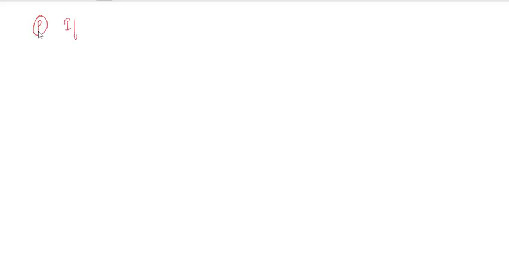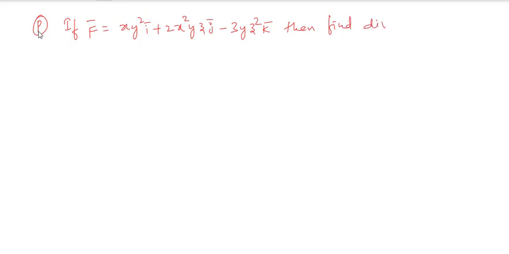So, if f bar is equivalent to xy square i bar plus 2x square yz j bar minus 3yz square k bar, then find divergence and curl at 1 comma minus 1 comma 1.